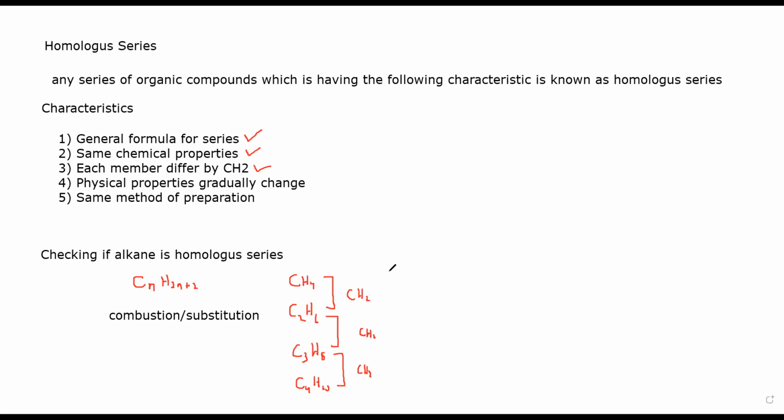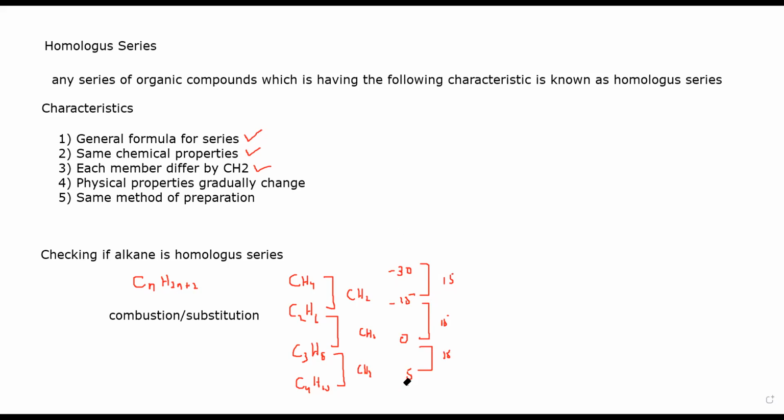For example, if this was minus 30, then this is minus 15, then the next will be approximately 0, and the next will be 15. So physical properties gradually change, with an approximate difference of about 15.